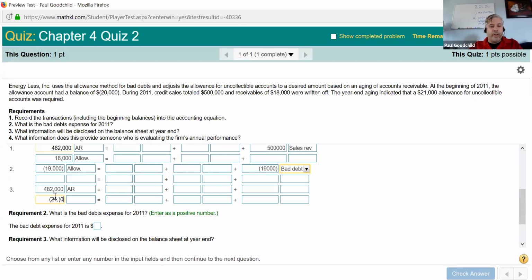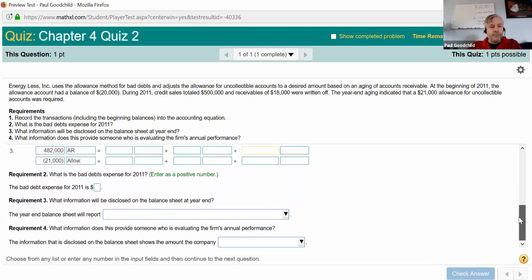Oh, I don't know if it's going to like my commas. We'll see. Allowance. And then, well, will be disclosed on the balance sheet. So that's all we need there. What's bad debts expense for 2011? 19,000.